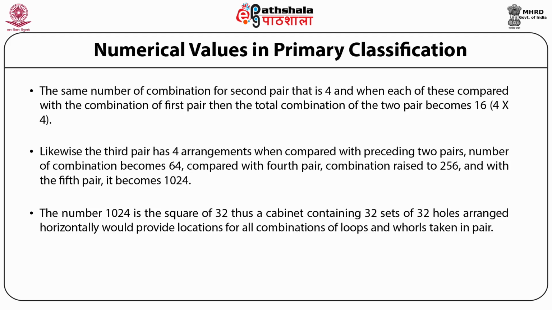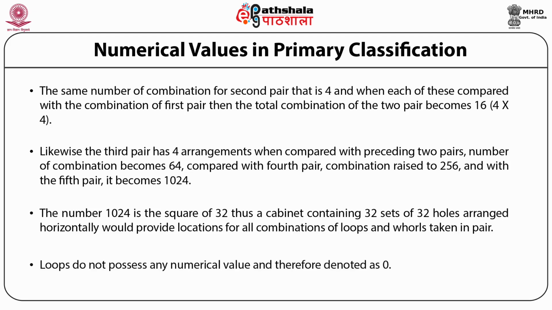whorls taken in pair. Now, a whorl will be assigned a numerical value of 16 if occurs in the first pair. In the second pair, it is assigned a value of 8, in the third 4, in the fourth 2, and in the fifth 1. Loops do not possess any numerical value and therefore denoted as 0.